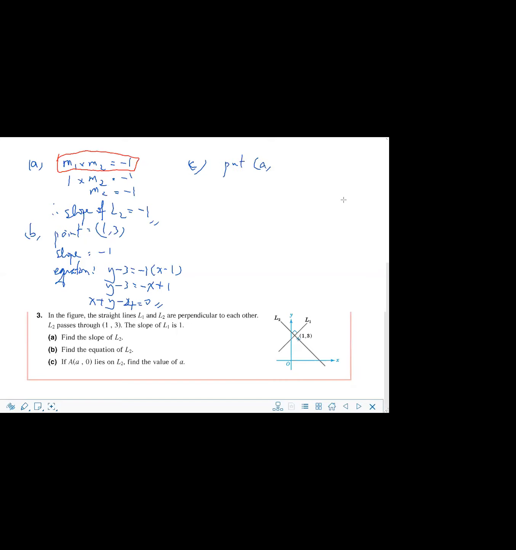I just put the coordinates into the equation of L2. This time I can write the whole equation together, because we already know it is on the line. So it's A plus 0 minus 4 is equal to 0. Okay, so A minus 4 equals 0, A is equal to 4. And that is how we can find the value of A. It's okay?